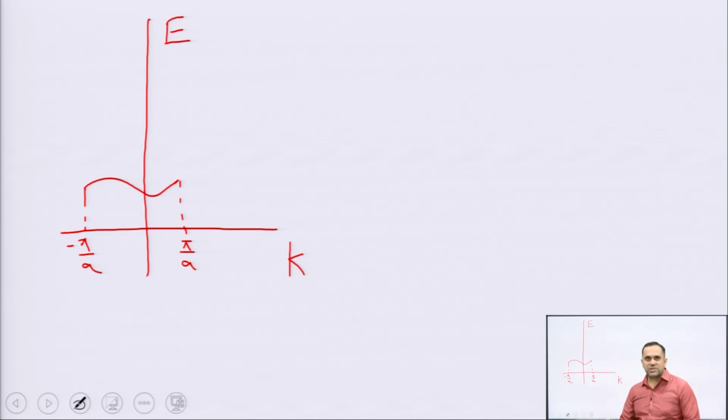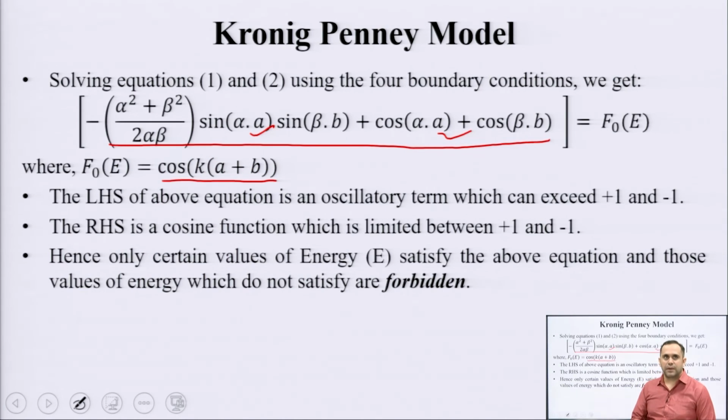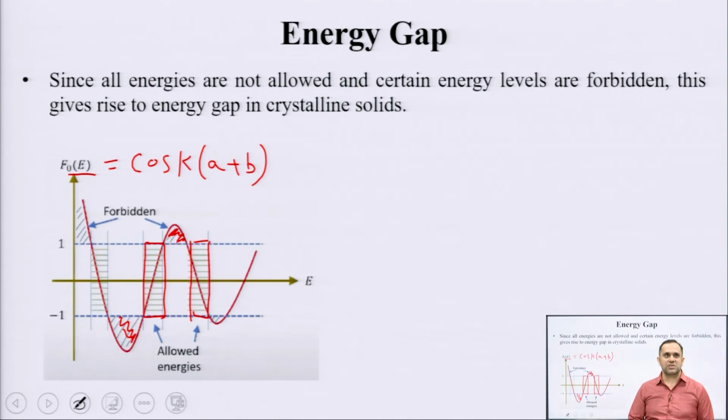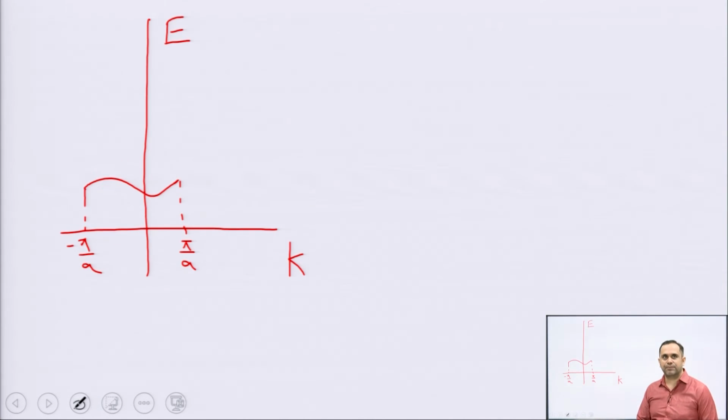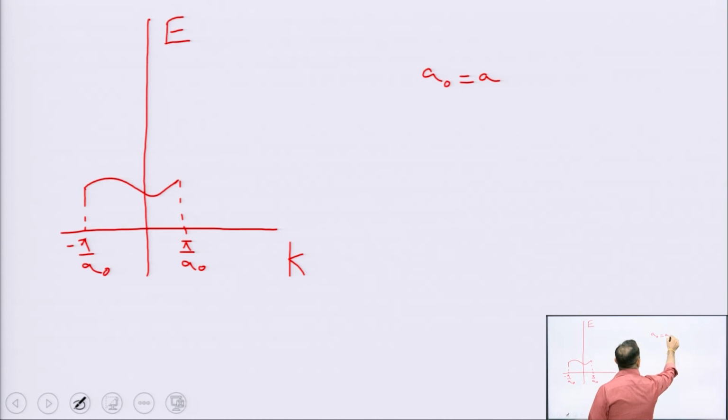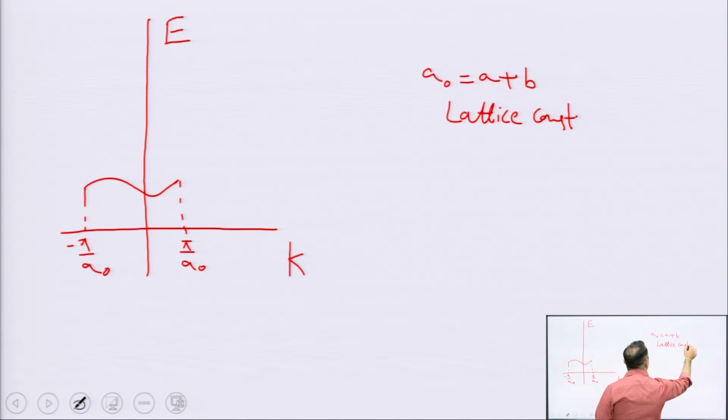So, that function which we have just seen, when you try to plot this energy f of E with respect to k, you get this so called E-k diagram, and it has a parabolic behavior, and at every integral multiple of pi by a, sorry, I should say a naught, where a naught equal to a plus b is nothing but the lattice constant.